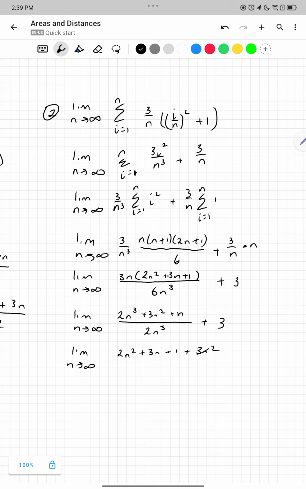Wait, okay, this one I'll do separately. I need to see what the denominator is first. About 2n squared plus 6n squared all over 2n squared. The limit as n approaches infinity will be 8n squared plus 3n plus 1 over 2n squared.